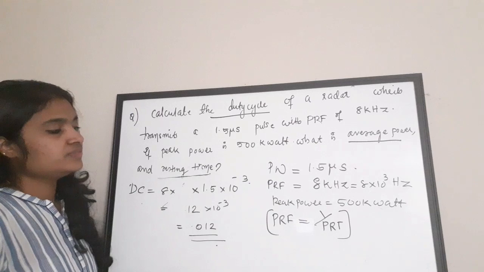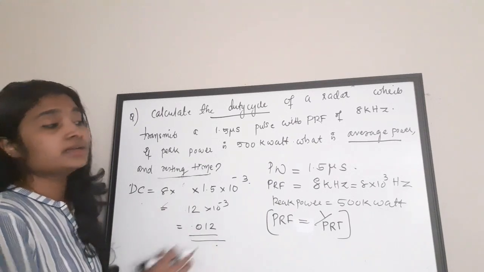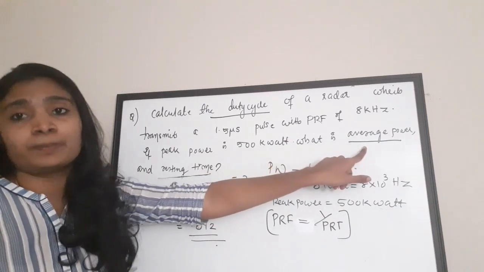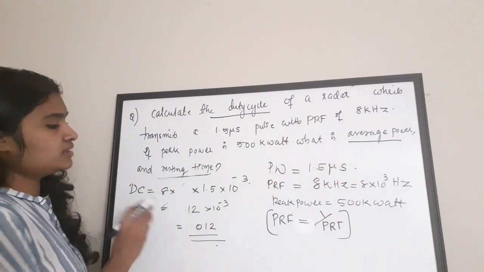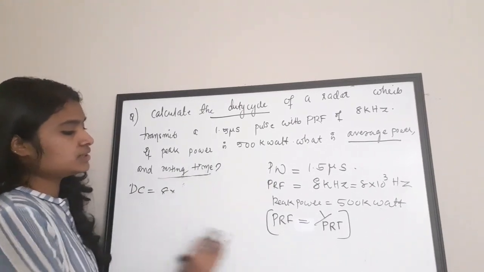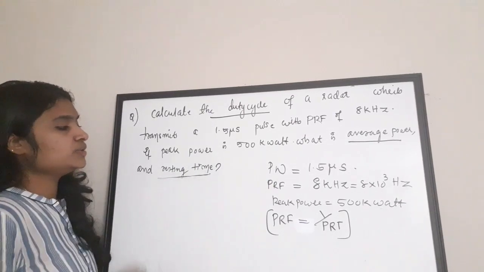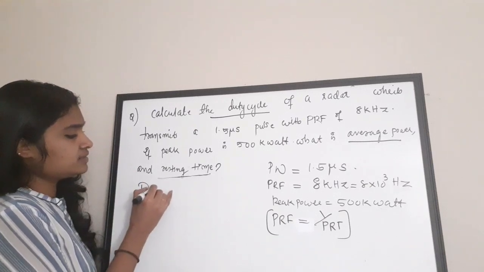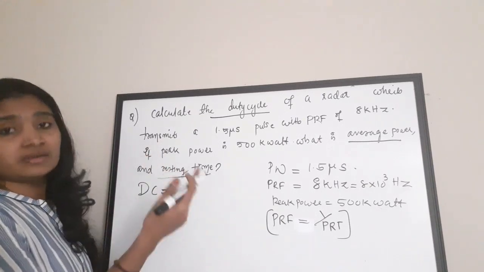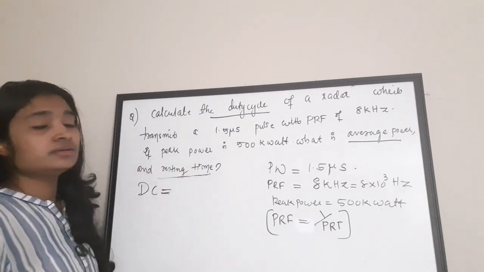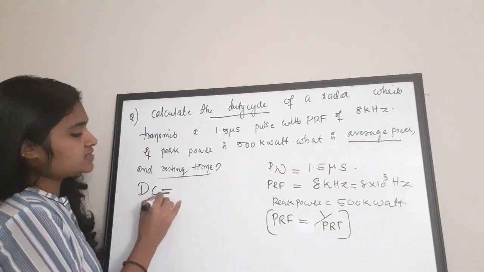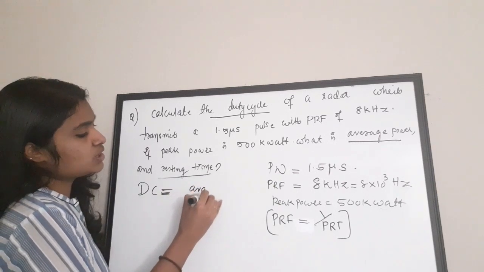Now, we have obtained the value of duty cycle, right? Next question is, what is the average power? How will you find the value of average power? Again, in terms of the duty cycle, you can write duty cycle DC is equal to average power by peak power. We have been given the peak power, and we need to find the average power.